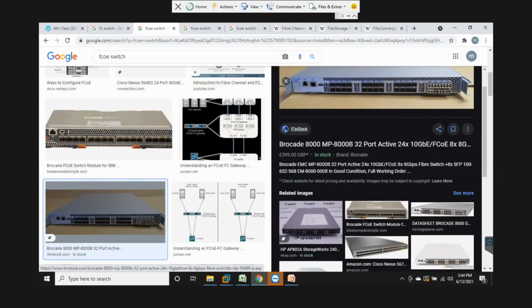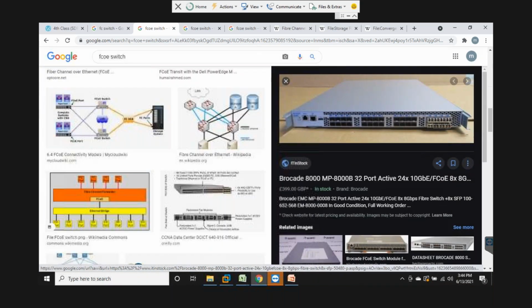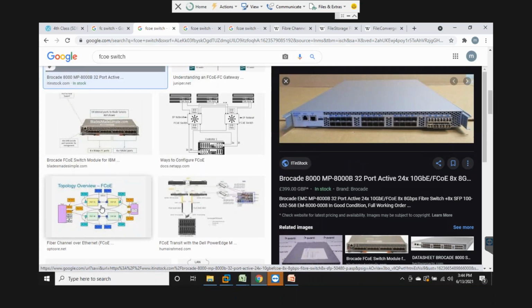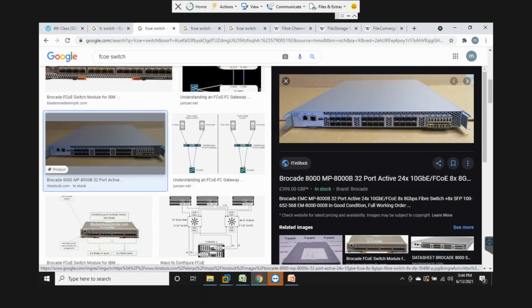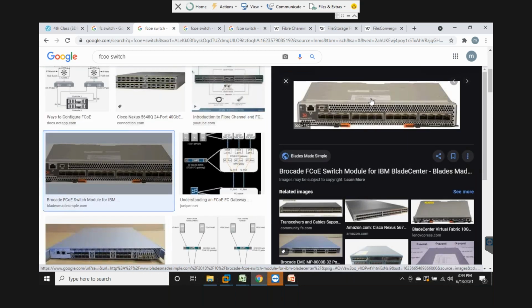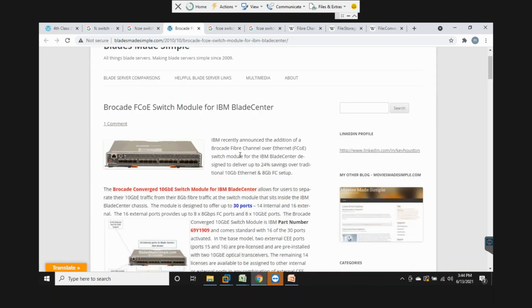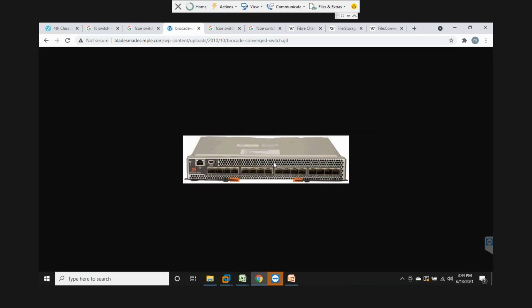Okay, I need to check the detail, so you can check it yourself. Yeah, so this is one example of an FCOE switch.